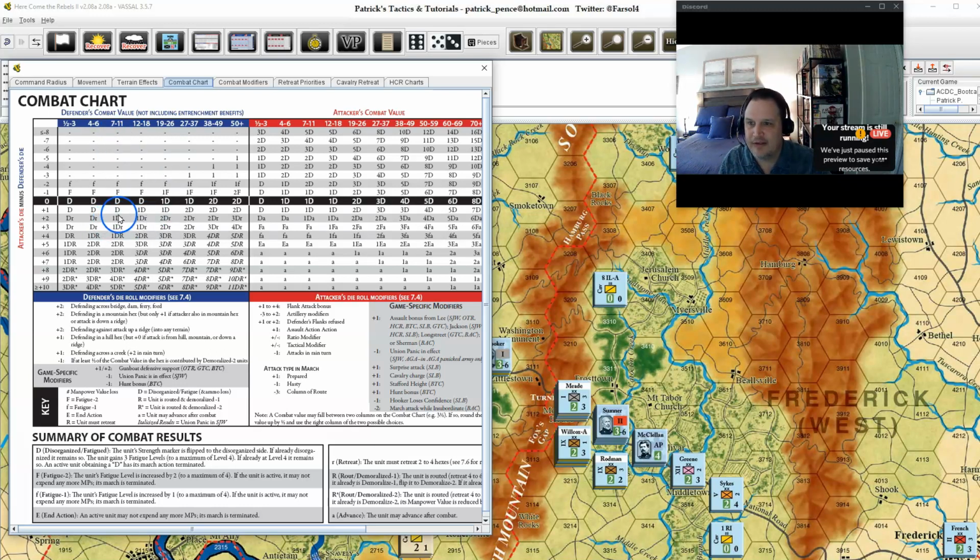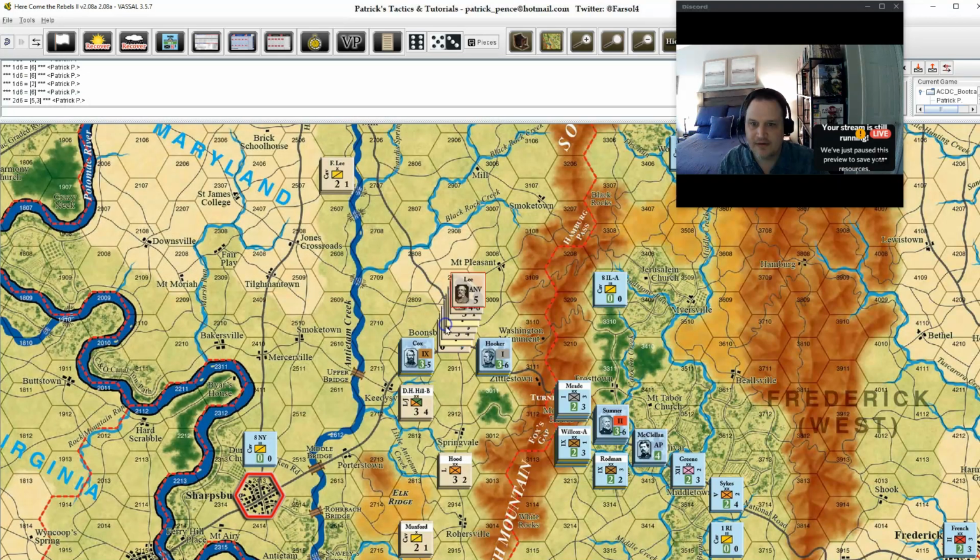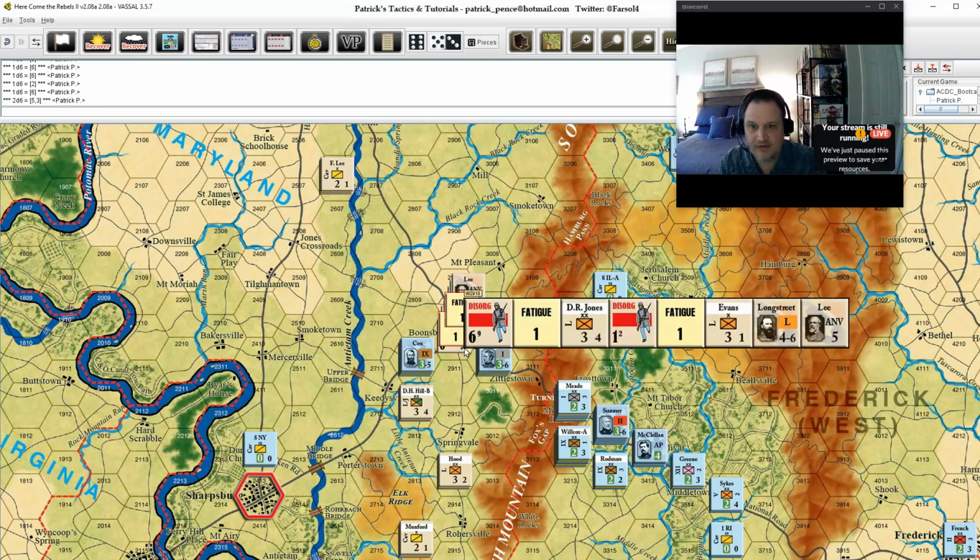So yeah, all of their units there would become disorganized. And let's see, they're already disorganized, so you can't make them more disorganized, but with a disorganized result they would also gain 3 fatigues, so they would get all the way to fatigue level 4. So essentially you've shut them down for the day, right?